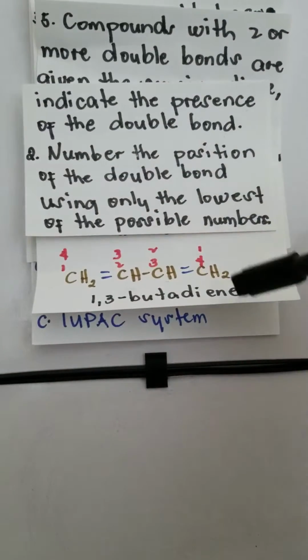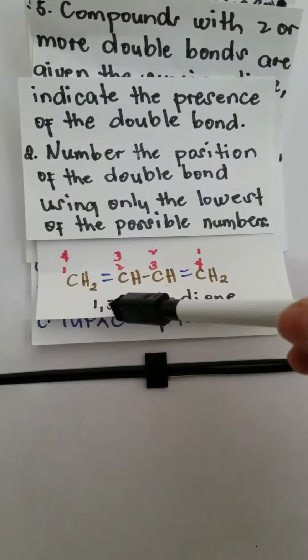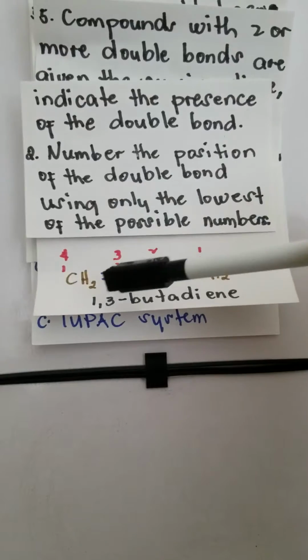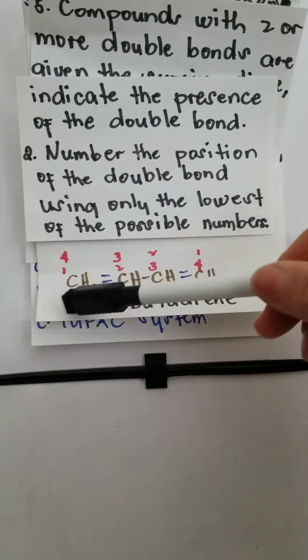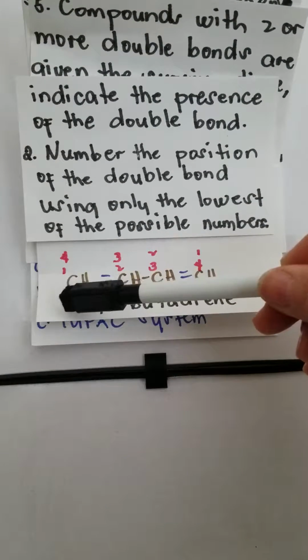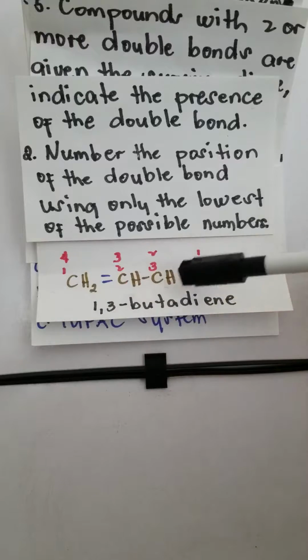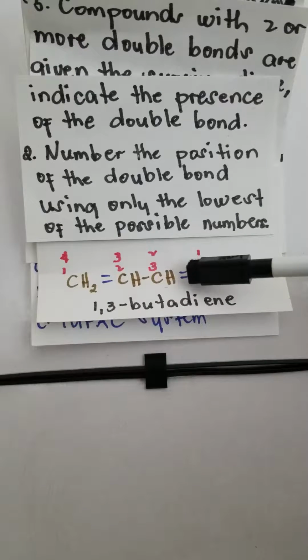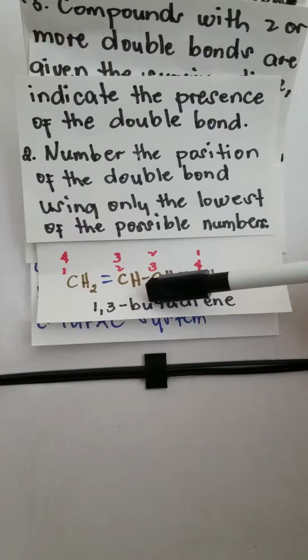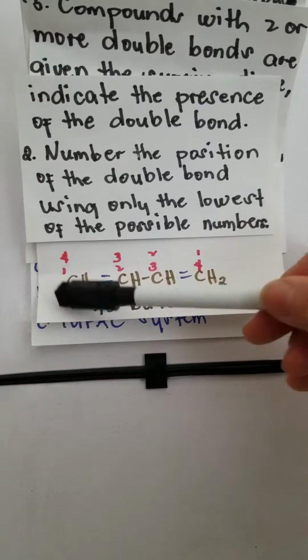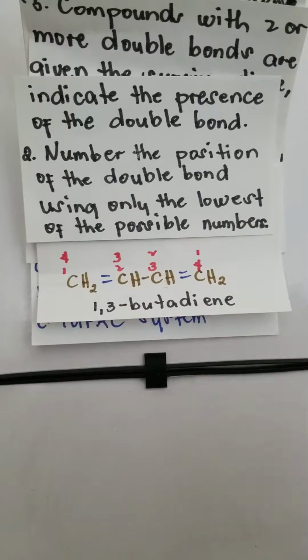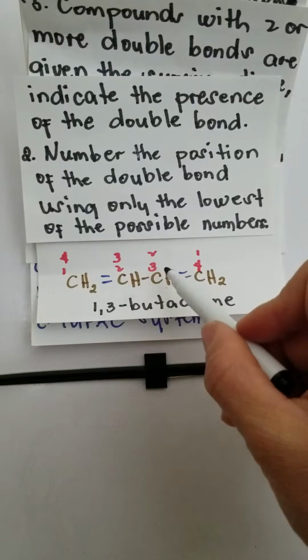So now we have this 1, 3. Why 1, 3? Because our double bond on this side, if we consider this, is attached to carbon 1, and the second double bond is attached to the third carbon atom. So you have 1 and 3, right?